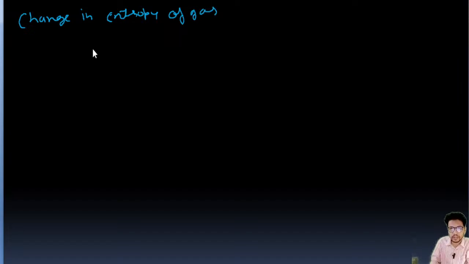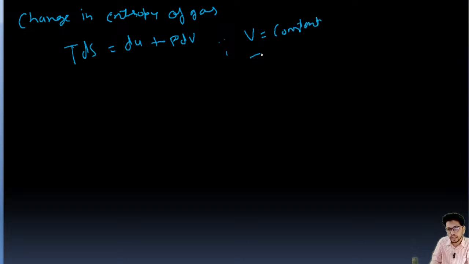So we'll use the first law of thermodynamics, right? This is going to be TdS equal to dU plus PdV, right? This we know, and since the system goes into equilibrium at constant volume, dV equal to 0.